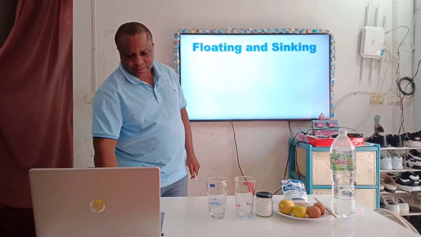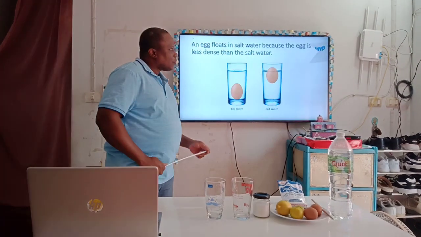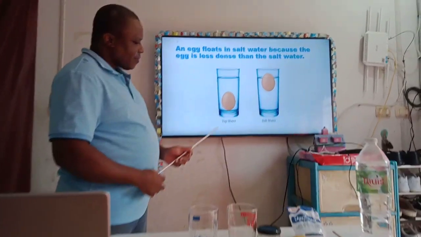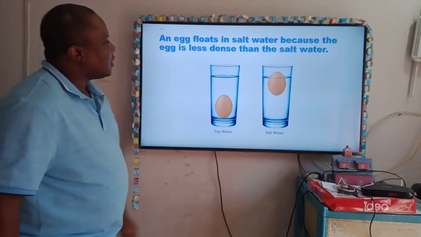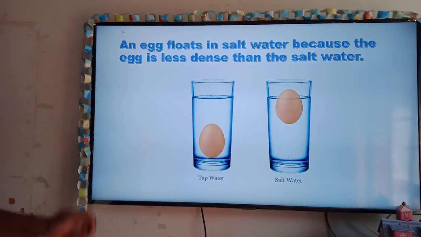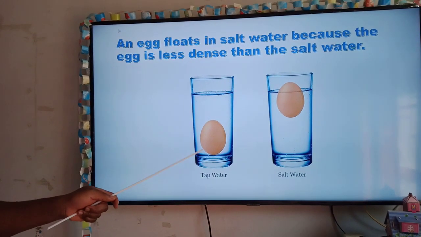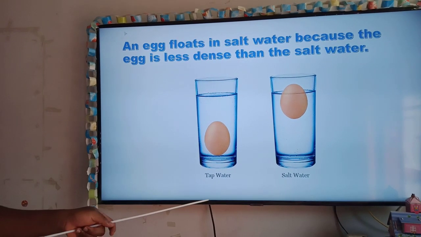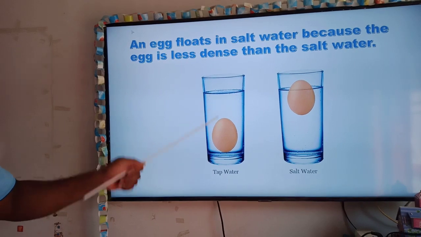Look at this example here, the picture. You see that this is tap water, and this one is salt water. If you put an egg in tap water, the egg will sink because the weight of the egg is greater than the water.